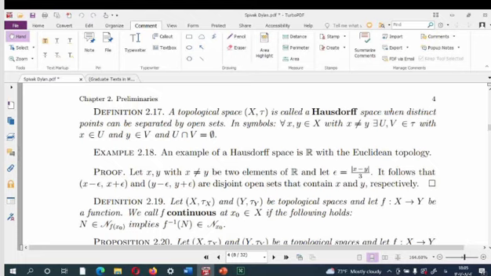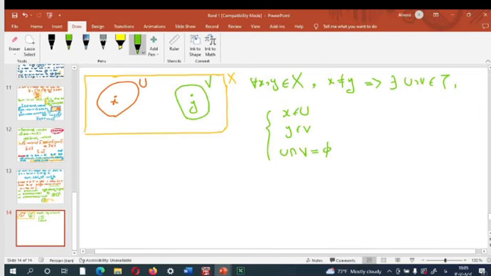An example of a Hausdorff space is R with Euclidean topology. Euclidean topology is very, very important.